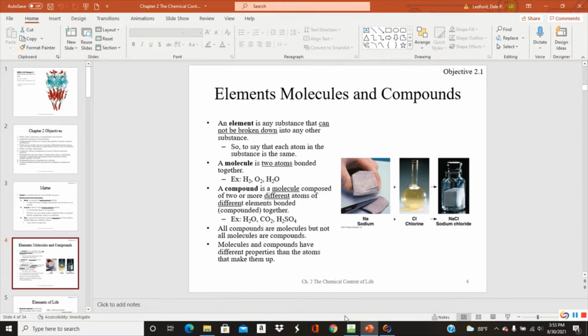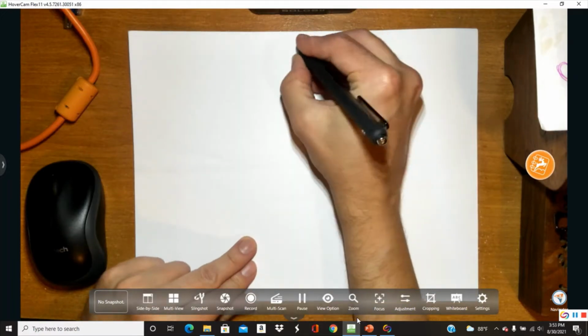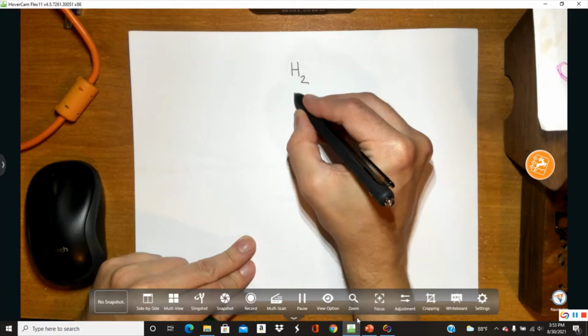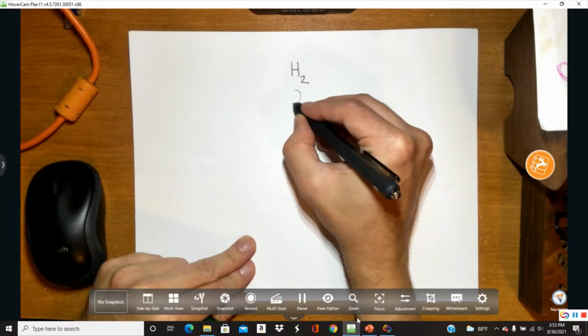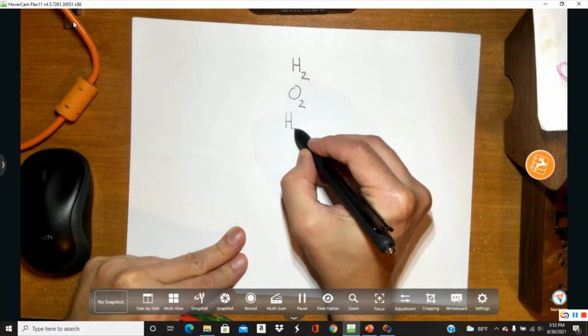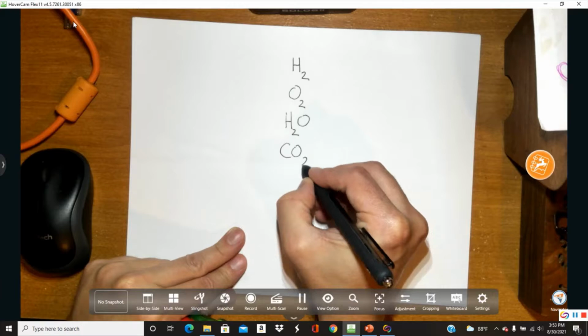Now, what I like to do, guys, is discuss it like this. Let's say that I have H2, I have O2, I have H2O, and I have CO2. So there are 4 molecules.